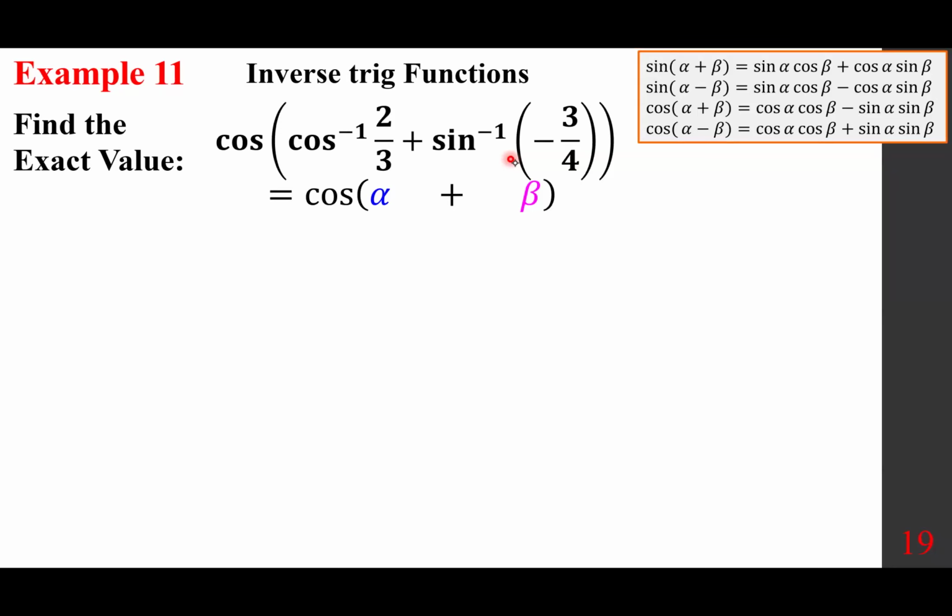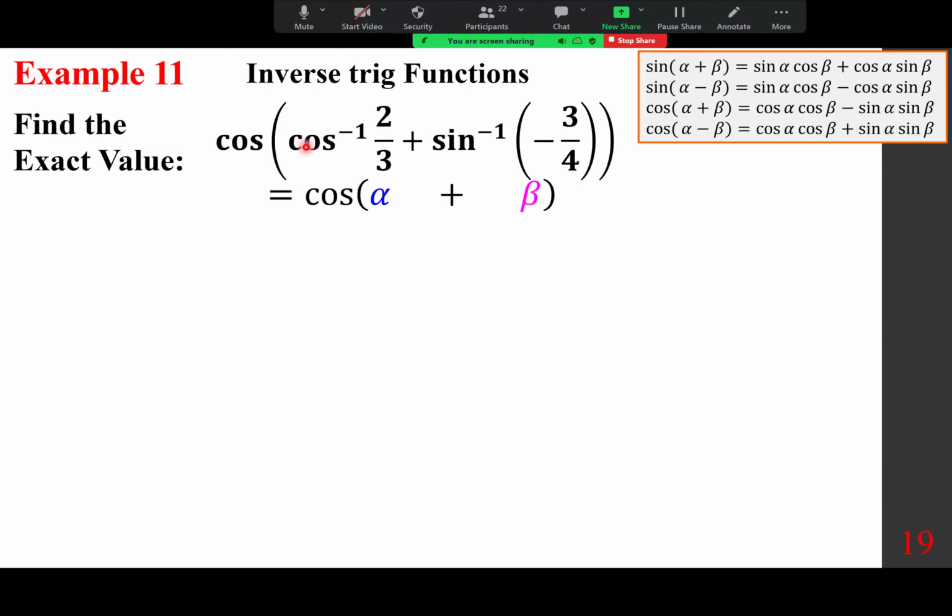What does it mean? This means cosine alpha is 2/3. This means sine beta is negative 3/4. And of course, remember, when you look at the inverse, cosine covers the first and the second quadrant, right?